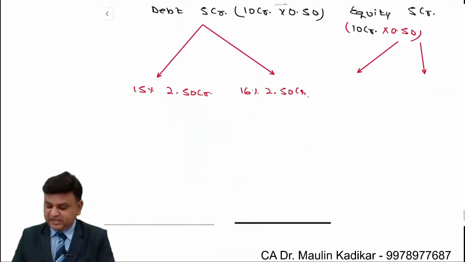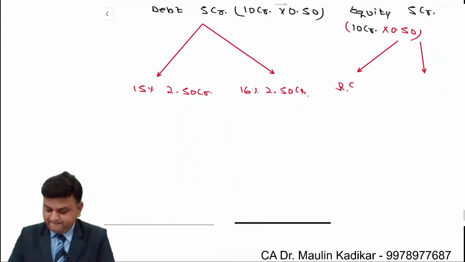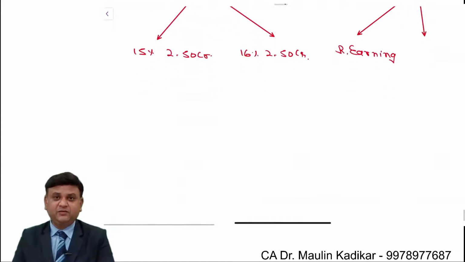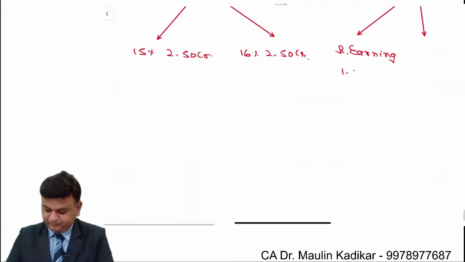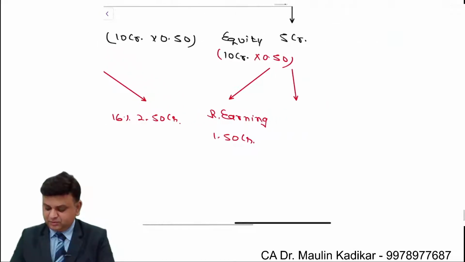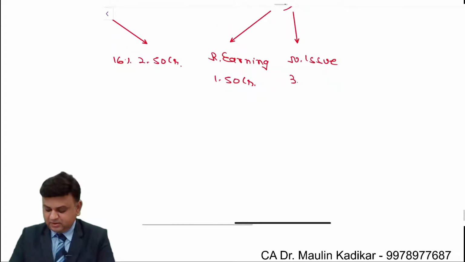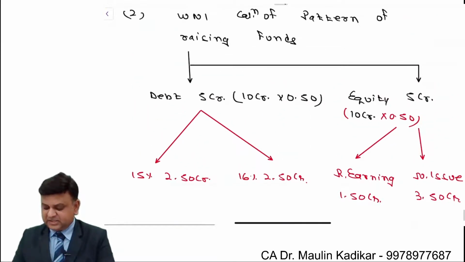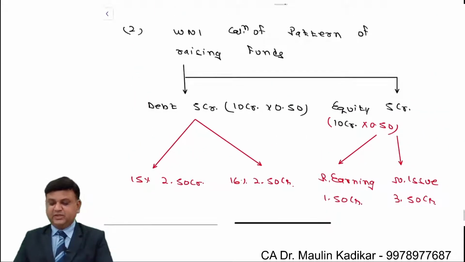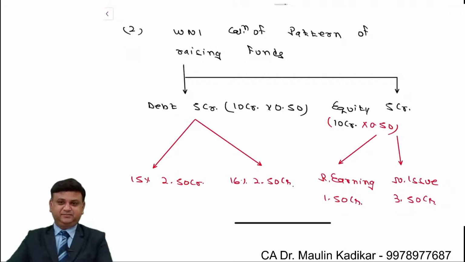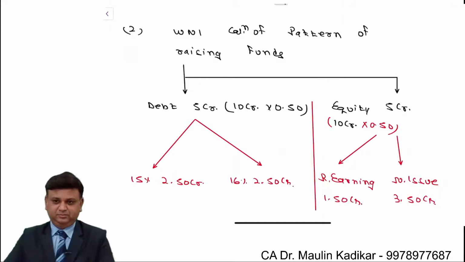The first one is the retained earning. It is an amount of 1.5 crore. And the remaining is the new issue. So new issue is the balancing figure, that is 3.5 crore. This is the way we are required to have the bifurcation of the raising funds.